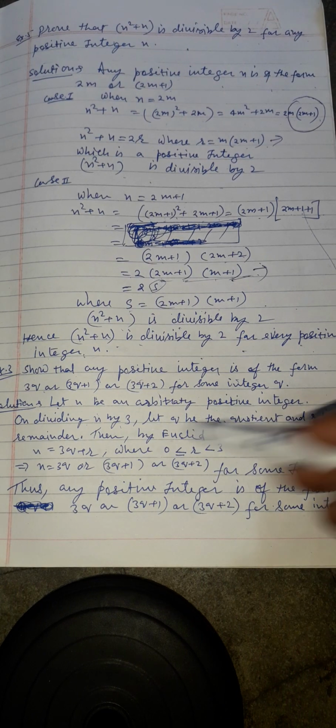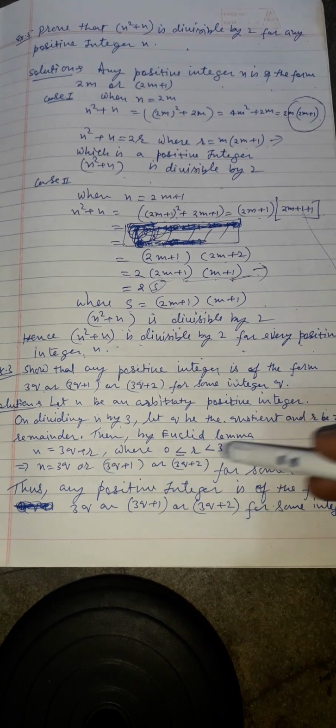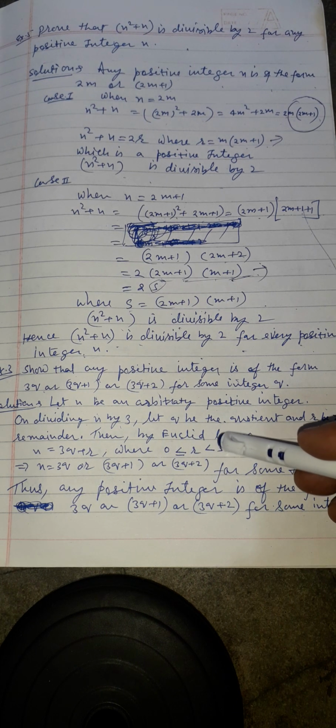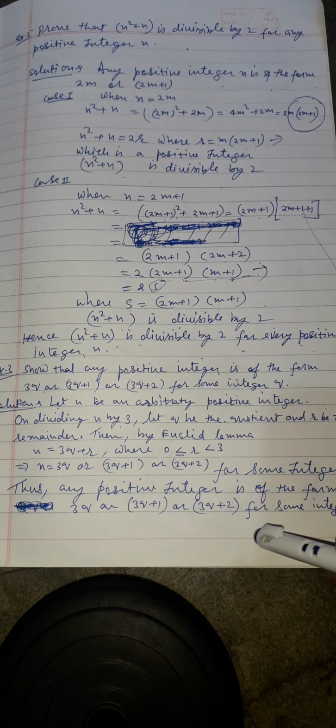Then by Euclid's lemma, n is equal to 3q plus r, where r is greater than or equal to 0 and less than 3. These three numbers for some integers, thus any positive integer is of the form 3q, 3q plus 1 or 3q plus 2 for some integer q.